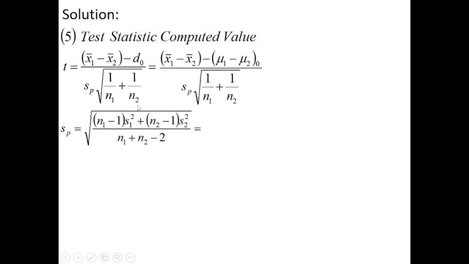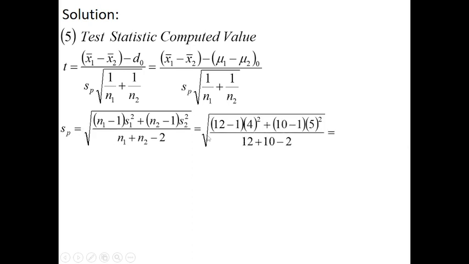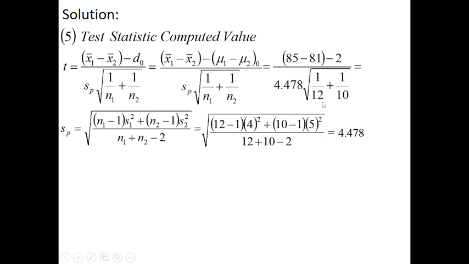We obtain 4.478. Then we substitute the values and get the final answer of t equals 1.043. That's the computed test statistic value.